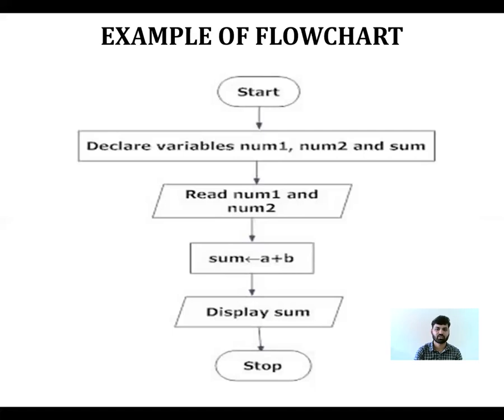Then your rectangular step for process. Then parallelogram for input and output. Then again input. Then parallelogram, display sum. Then stop. These are the various symbols used in your flowchart.